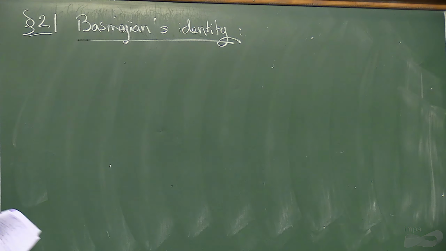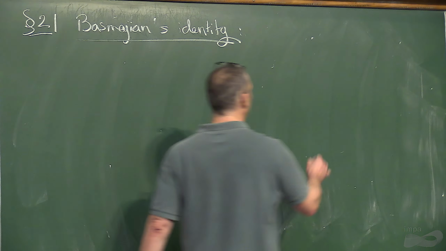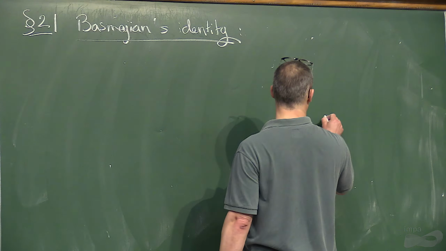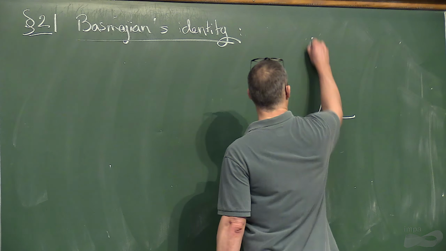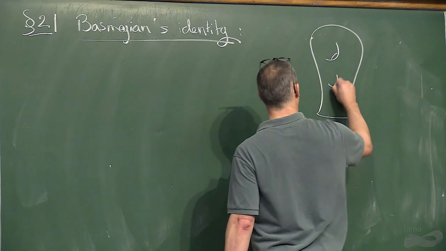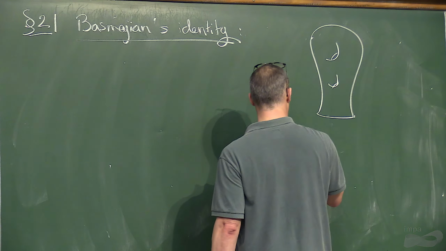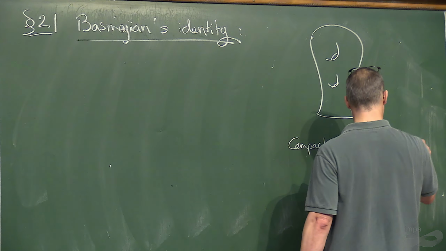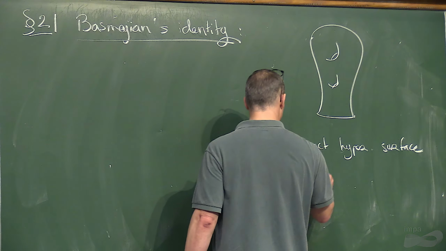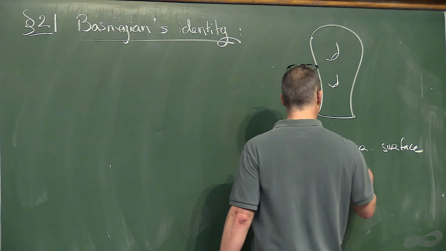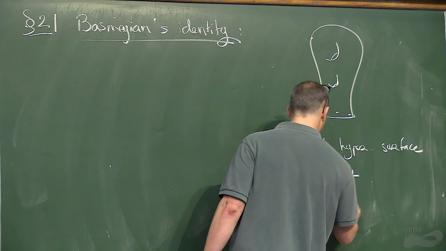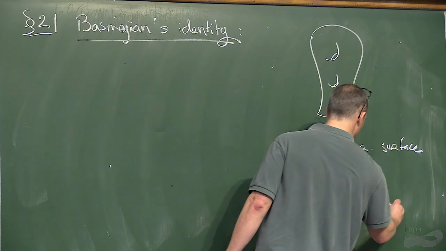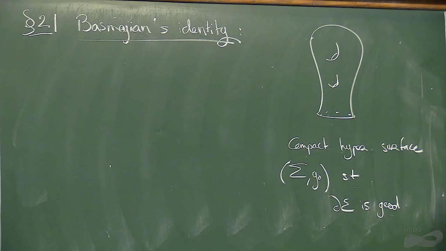The identity by Basmajian is valid for any dimension, but I will just state the identity in the case of dimension 2. So you will have a compact hyperbolic surface, let's say Sigma_{g,\cdot}, such that the boundary is geodesic. Okay, we can start with this object.